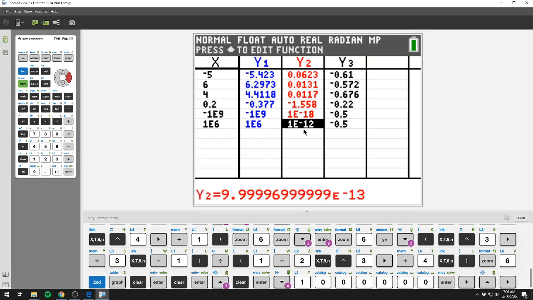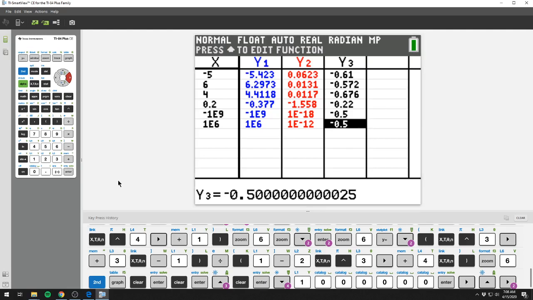This was the second graph, which was 0. And this is really confirmed here. What this means is we have about 10, but we move this decimal over 13 spots. So it's a 1 with 12 zeros in front of it for the decimal. And if we go over to our last one, you can see this is basically -1/2, -0.5. So it does confirm our horizontal asymptote.